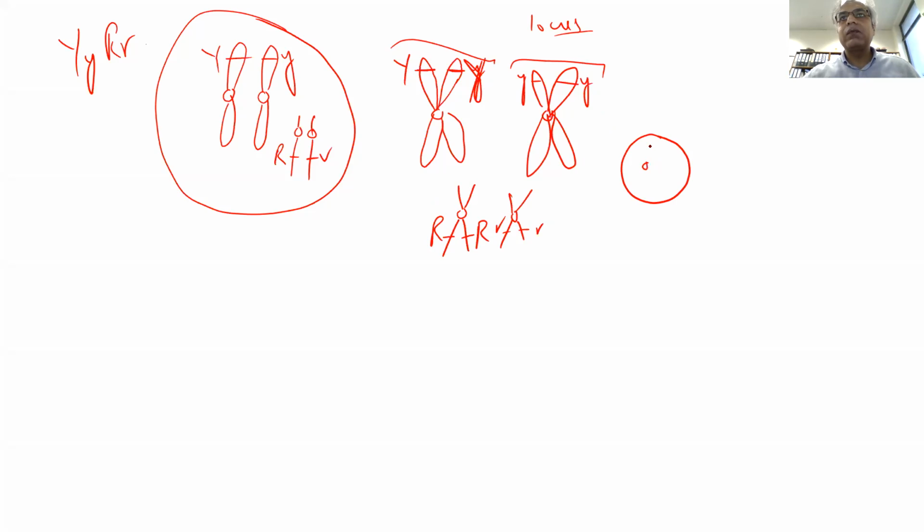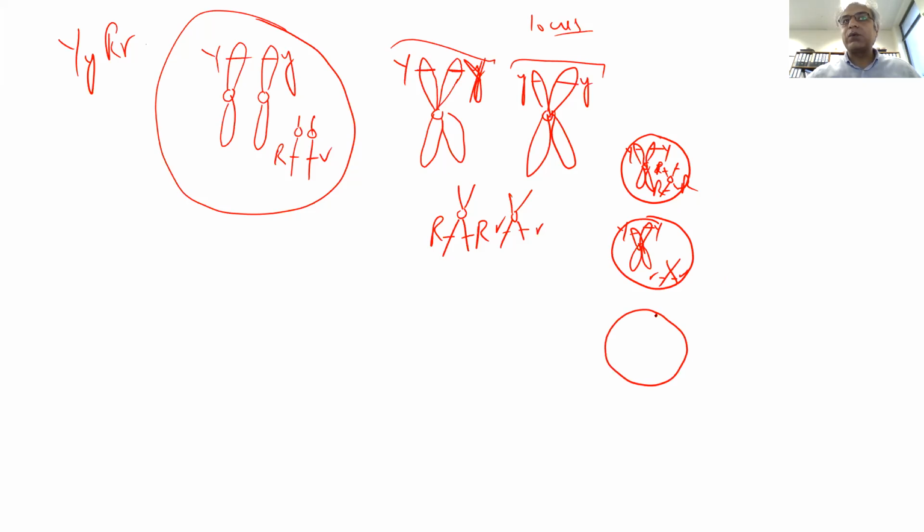We have capital Y, and it can be either this way, or it can also be capital Y with small r.